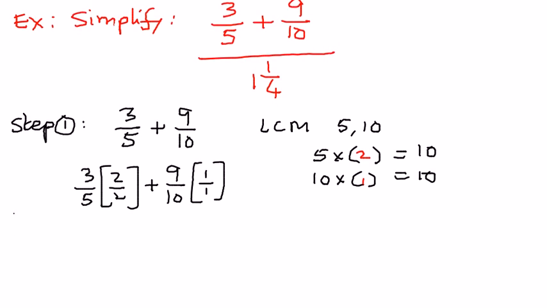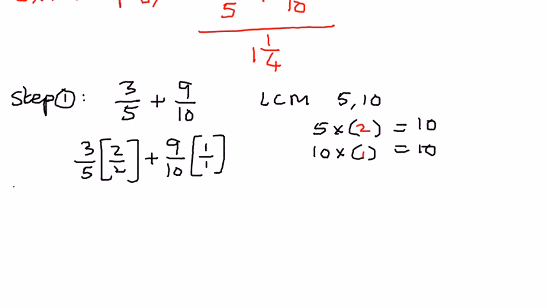We're not changing anything, but at the same time, we're keeping the denominator the same as 10. So now we multiply the numerators in the first fraction. 3 times 2 is 6. 5 times 2 in the denominator is 10. Plus, in the second fraction, 9 times 1 in the numerator is 9, and 10 times 1 in the denominator is 10.